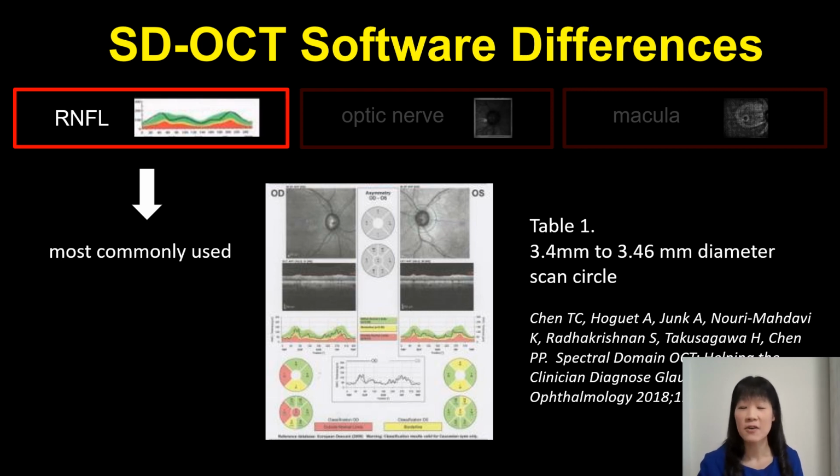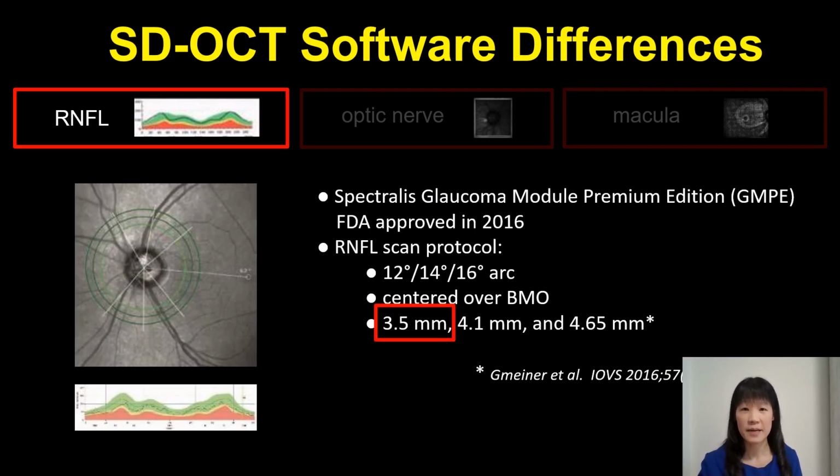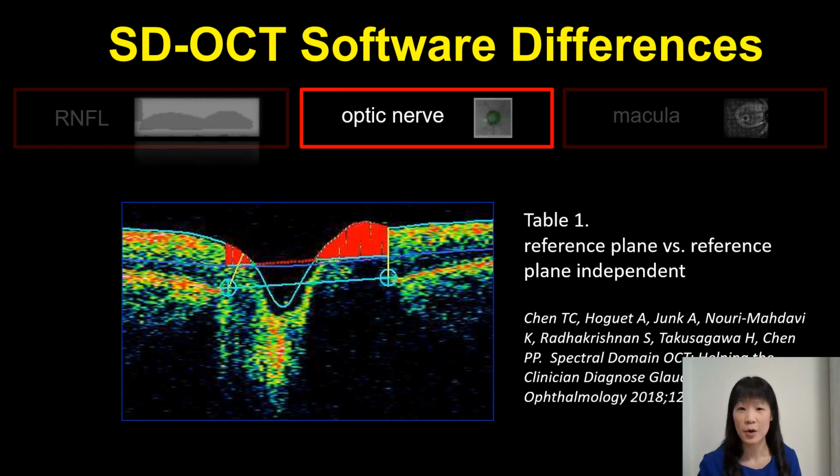It summarizes the software differences for nerve fiber layer thickness. Here in the Spectralis, there are many different circle sizes. However, this paper showed us that still around 3.4 to 3.5, that scan circle size is the best for diagnosing glaucoma. So that's RNFL thickness. Again, that's one of the key parameters we use in OCT for glaucoma patients.